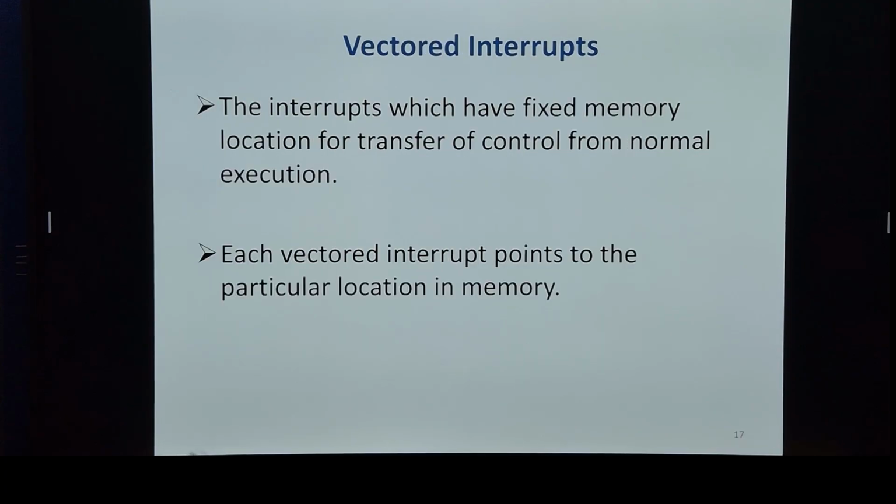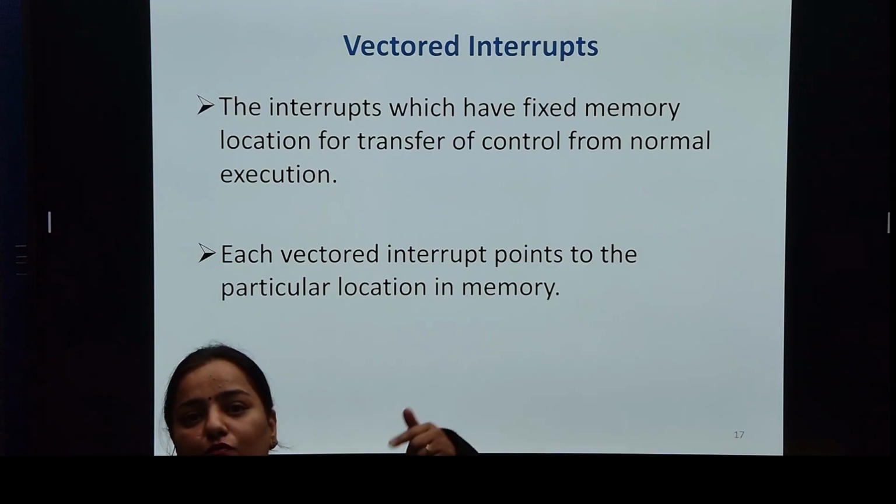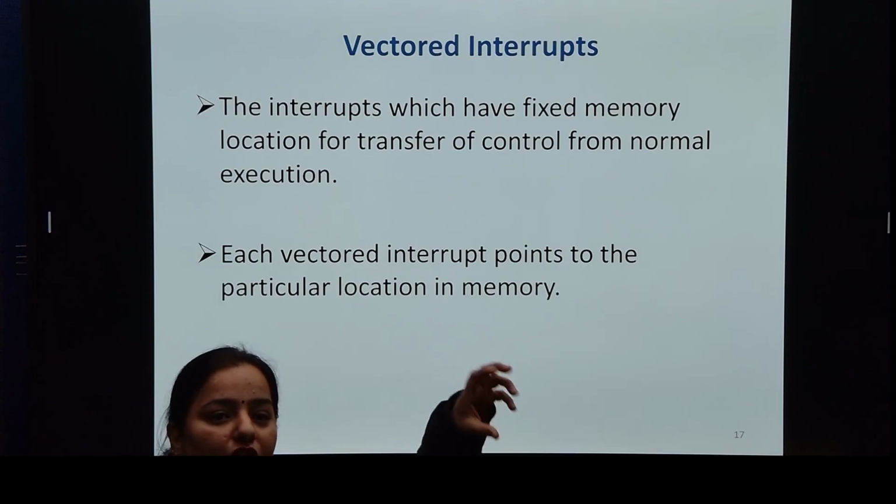The second category is vectored and non-vectored interrupts. What are vectored interrupts? Vectored means those interrupts whose locations are predefined in the microprocessor. Whenever an interrupt is provided by these pins, the microprocessor knows where to move the pointer for processing.